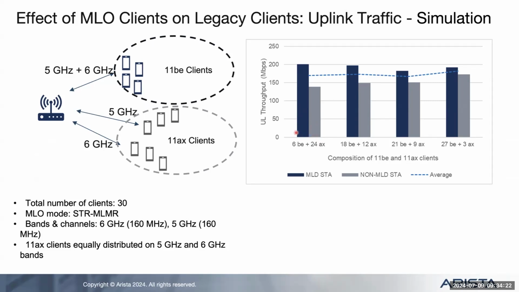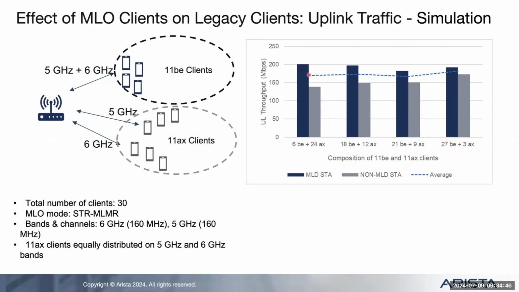Or what is the effect on the Wi-Fi 7 clients when there is a mix of Wi-Fi 6 and Wi-Fi 7? We ran this test and gradually changed the percentage from 20 and 80 to 60/40, then 70/30, then moving to 90 and 10 percent.